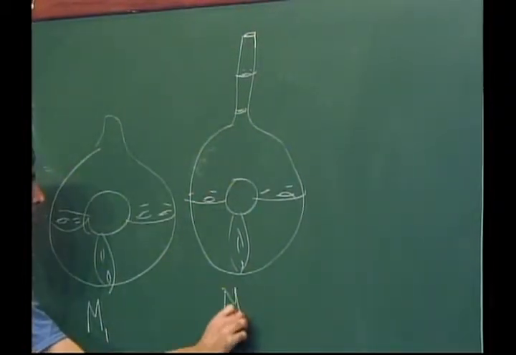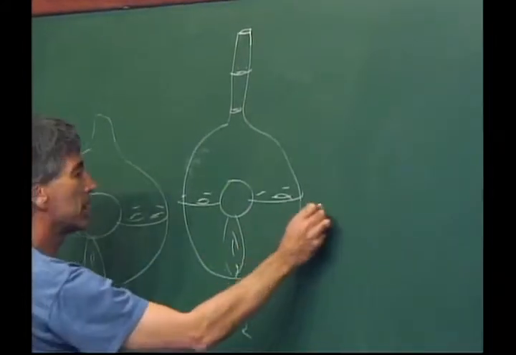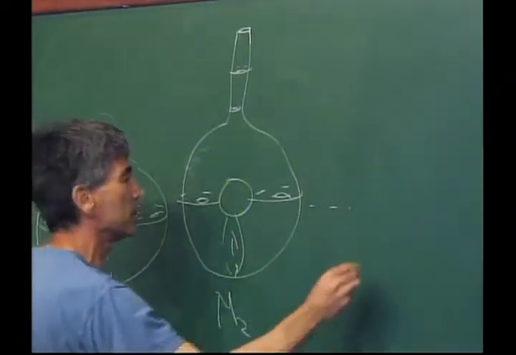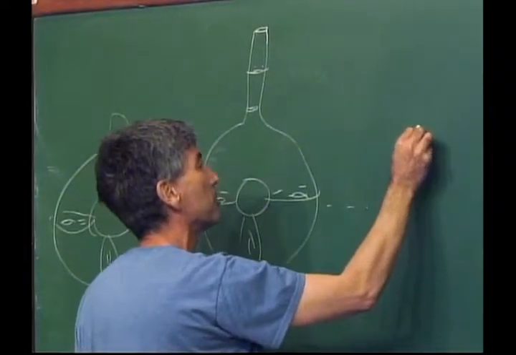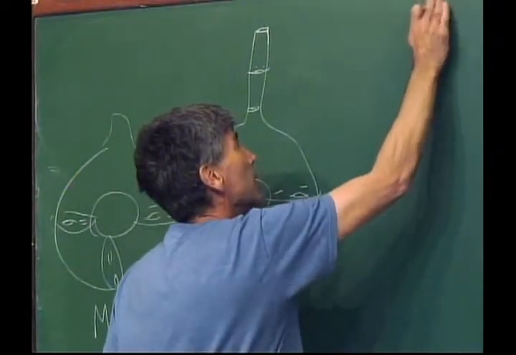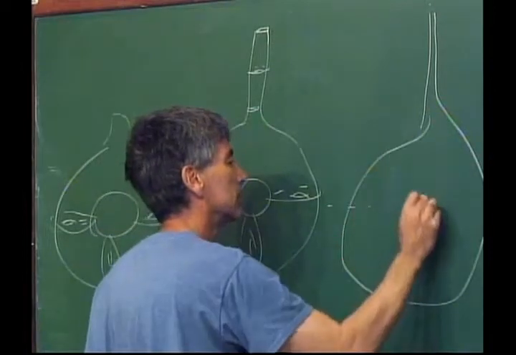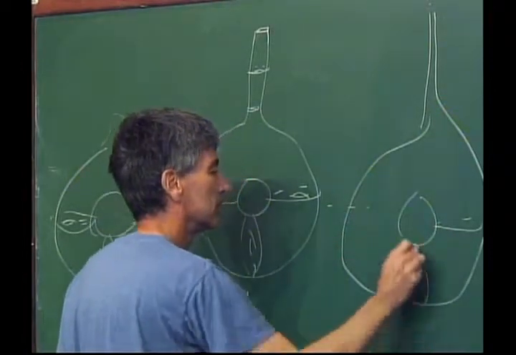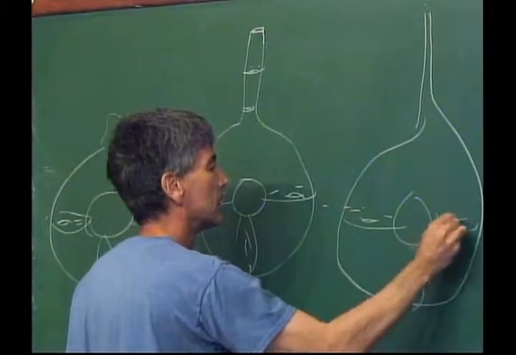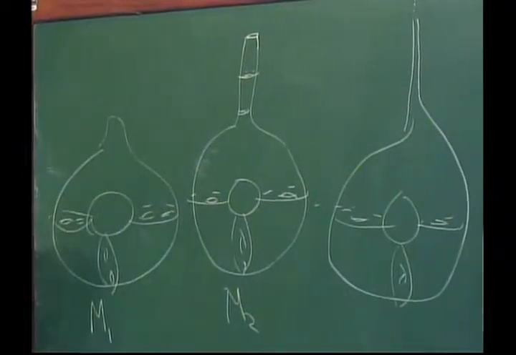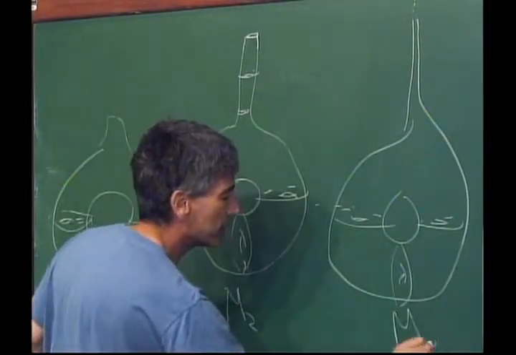So this might be M2, and we can continue getting more and more of these until eventually we'll get something that doesn't fiber over the circle anymore, but it's actually non-compact. It'll look like this. Call that M infinity.